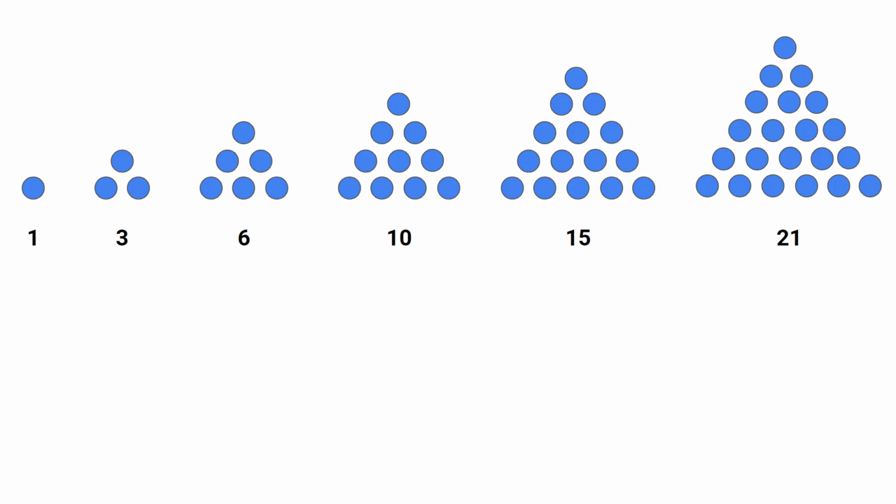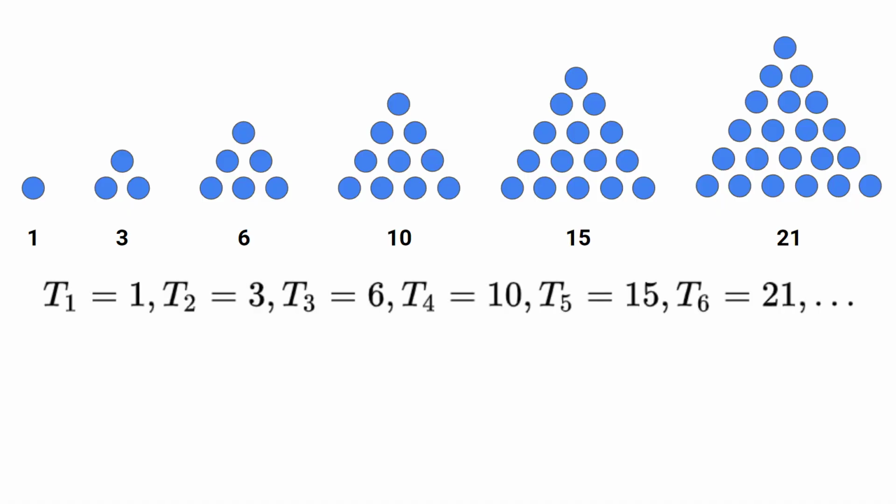Let's try this with the triangular numbers we opened with. Can we come up with a recursive definition for this sequence? It helps to go back to the visual pattern. The first number was 1. The second one we got by adding 2 circles onto a triangle. The third one we got by taking the second figure and adding 3 circles onto the triangle. The fourth one we got by taking the third and adding 4 circles.